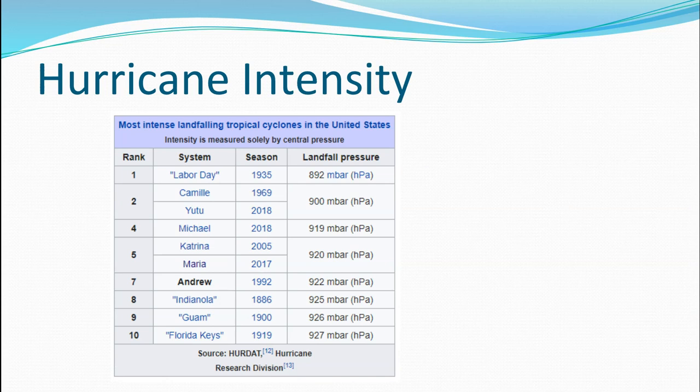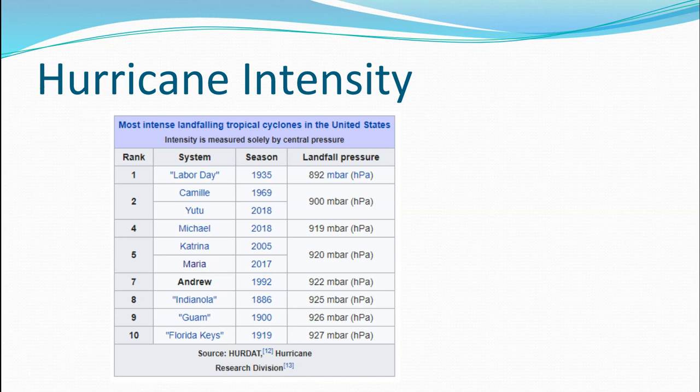And we can sort of look at intensity. A lot of times when people talk about hurricane intensity, it's based on the pressure at the time of landfall. And so the pressure is really low. So the lower the pressure, the more intense. I know that's probably backwards of what we usually think about.